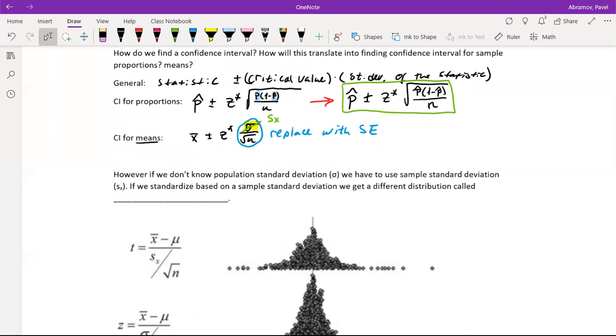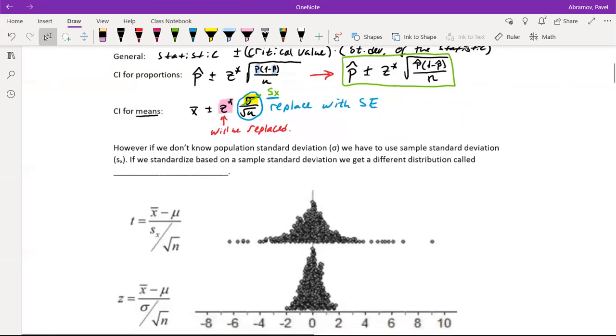The formula that we're looking at right now is the ideal situation that generally will not happen, because once again, we do not know the standard deviation of the population, and the fact that we are replacing the standard deviation of the population with the standard deviation of the statistic will also change this z. So this will be replaced. We will discuss this right now.